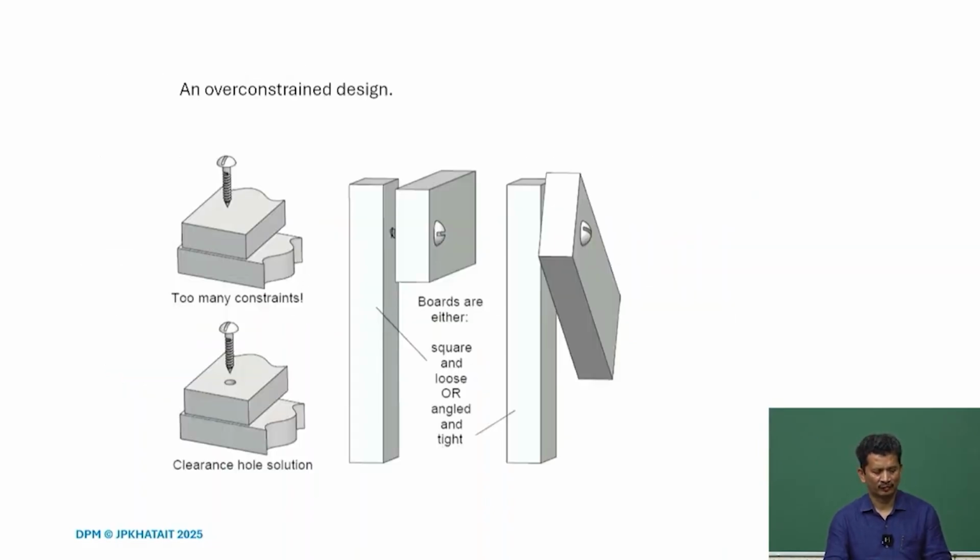For instance, if we look at this design, in many cases, particularly when we see carpenters putting two planks together with a screw, they straight away start, no drilling, nothing, but directly try to connect them.